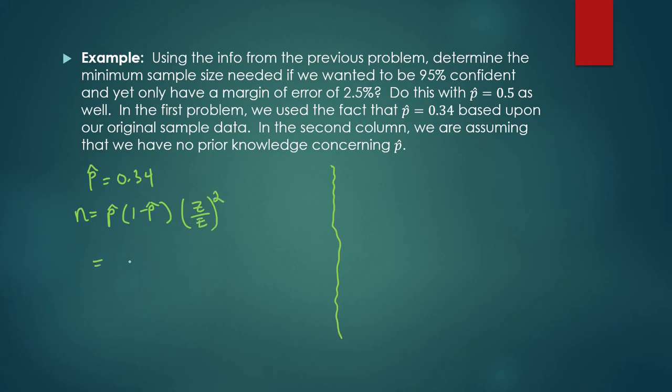Let's plug in the values. 0.34 times 1 minus 0.34 times z. Z is 1.96, and we'll use our t-table to find that number.